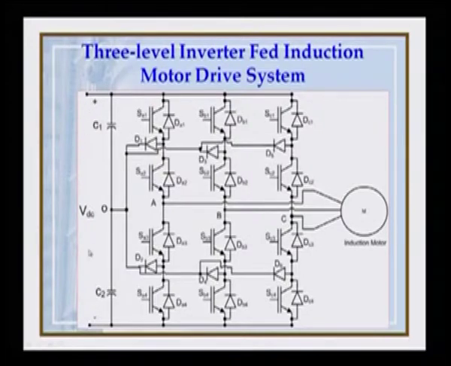The total DC voltage here is VDC, and the voltage drop across each capacitor, C1 and C2, is VDC by 2.